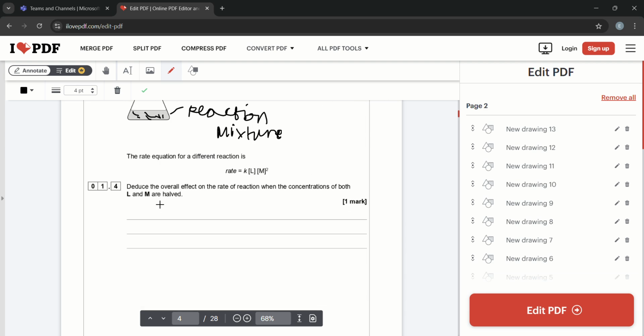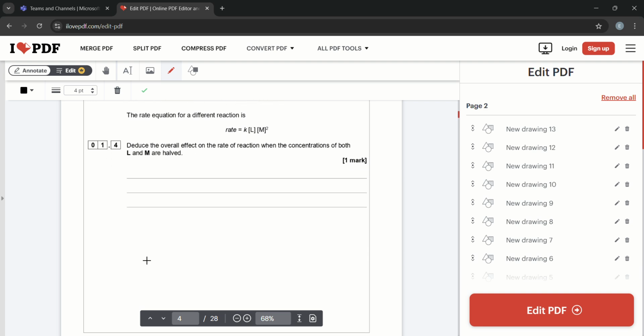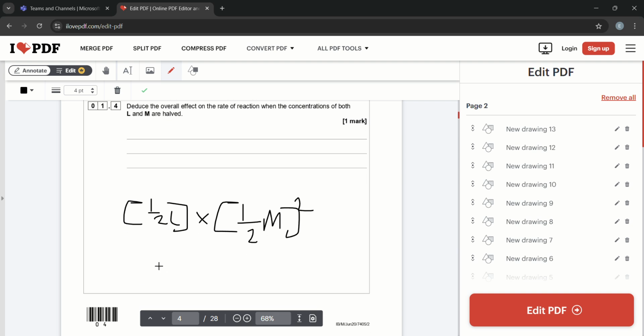1.4. Reduce the overall effective rate of reaction with the concentration of both L and M a half. Well, let's look at it. If L and M are halved, we're going to have a half times by a half L times by a half M squared. What do we get?